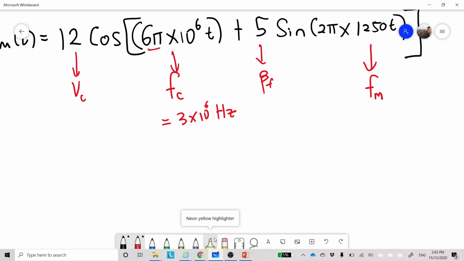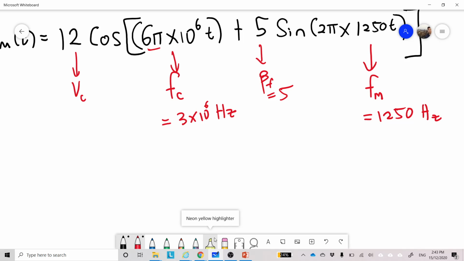So bagikan dengan 2 pi, you akan dapat 3. And then the next question asks about the frequency of the modulating signal, which is FM. So FM is equal to 1250 hertz. The next question asks about the modulation index, which is equal to 5.